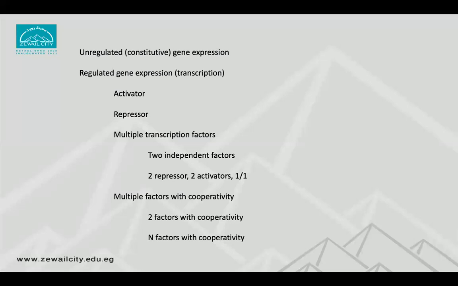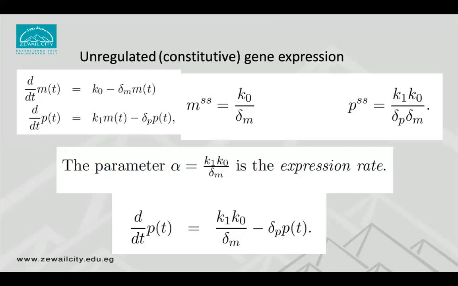We could have two independent factors, but we could also have two factors with cooperativity, or any number of factors with cooperativity. And we could have two repressors, or two activators, or a repressor and an activator, and so forth. And I think we all know how we would construct the differential equations for each of these situations.